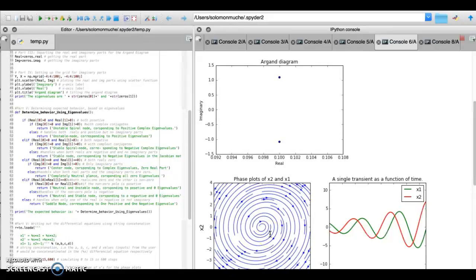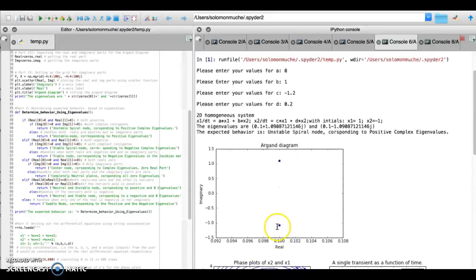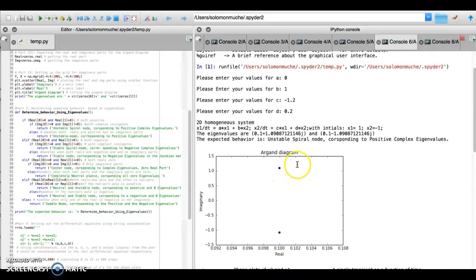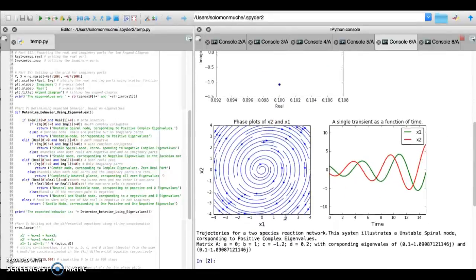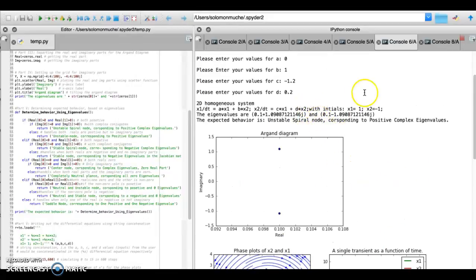The system is diverging away because the real parts of the eigenvalues are positive. And there's also oscillating here, which means that there is also an imaginary part.